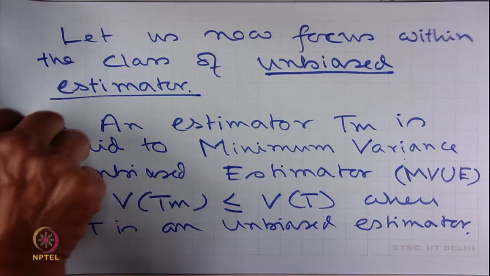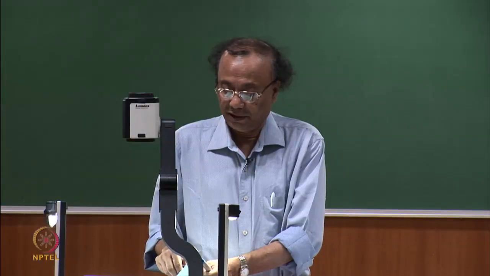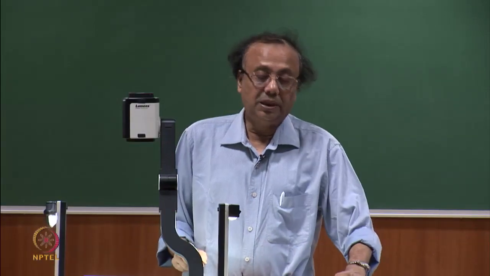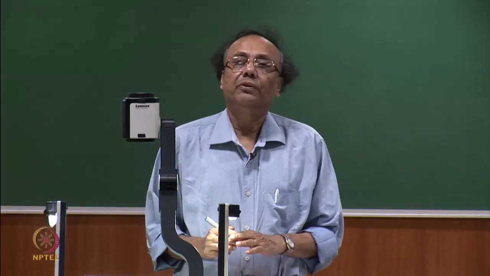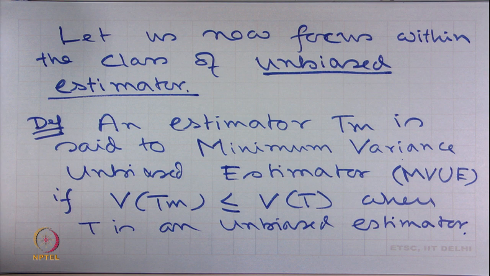That is, in the class of unbiased estimators, we are looking for an estimator Tm whose variance is minimum.